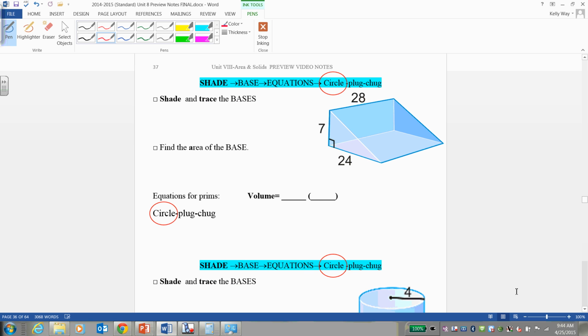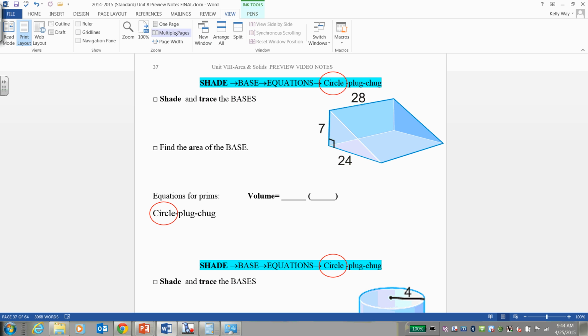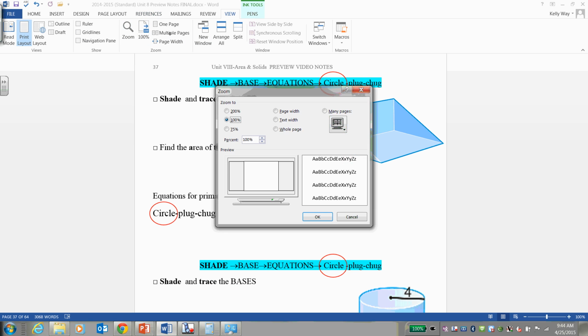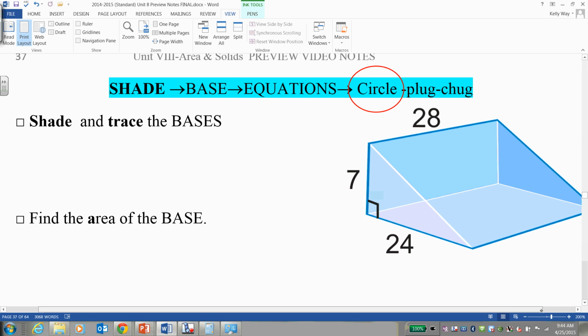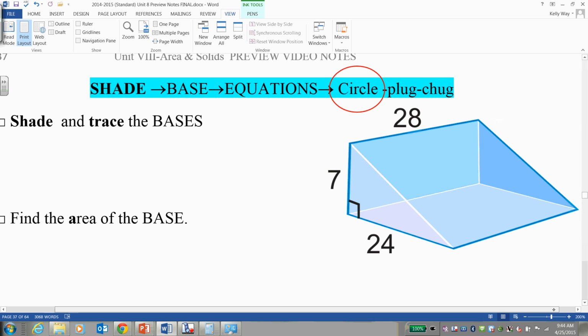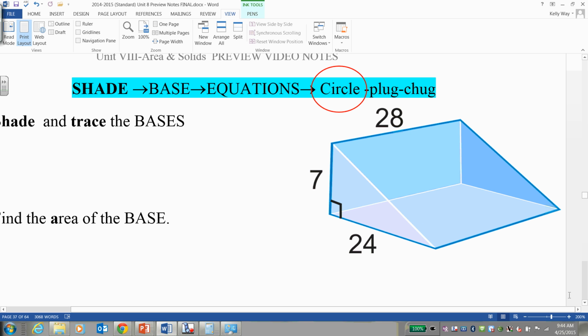Okay, we're going to do several examples together. Keep your calculator handy. So in this shape, I'm going to pause 10 seconds. I'd like you to shade what you think the 2 bases are.